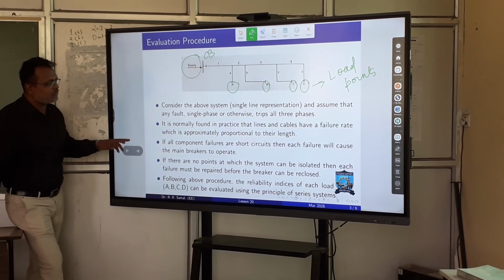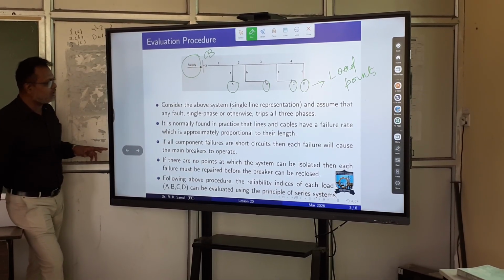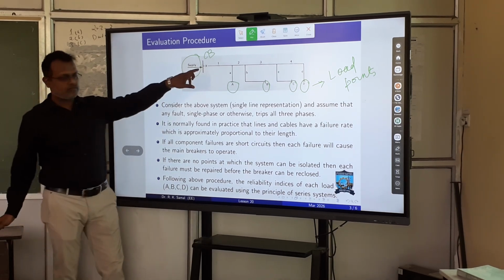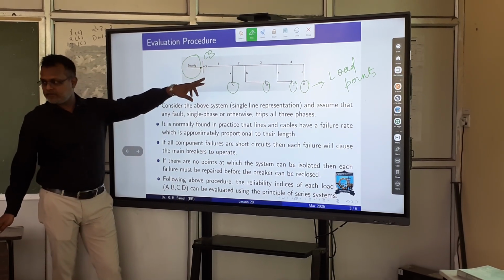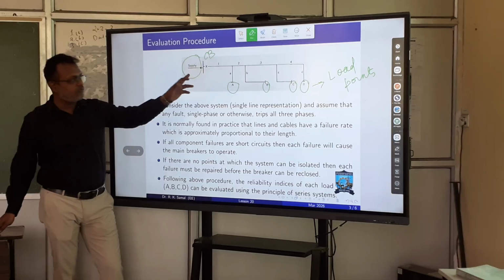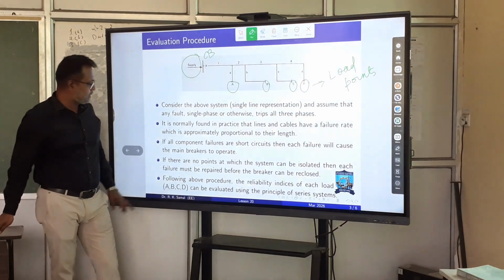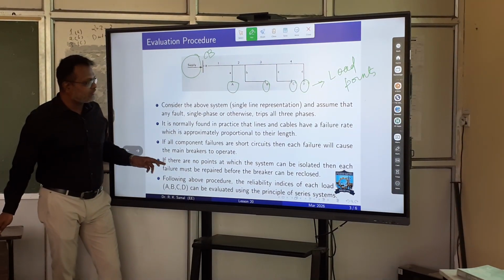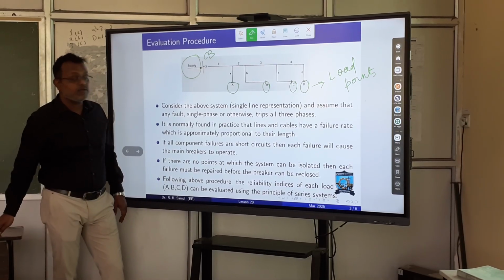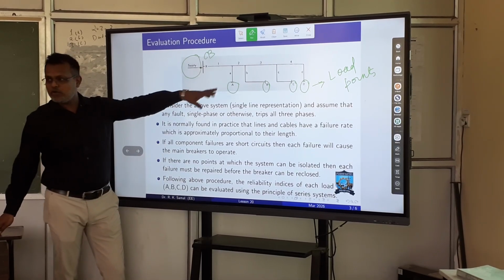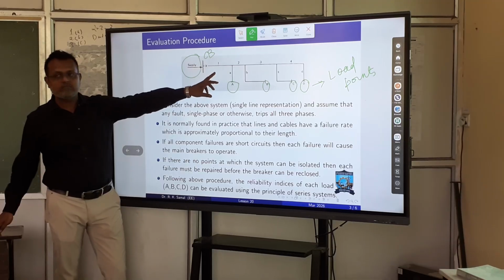All the component failures are short circuits, and each failure will cause the main breaker to operate. So any fault anywhere in the system, this breaker will operate. There are no points at which the system can be isolated, and each failure must be repaired before the breaker can be reclosed.